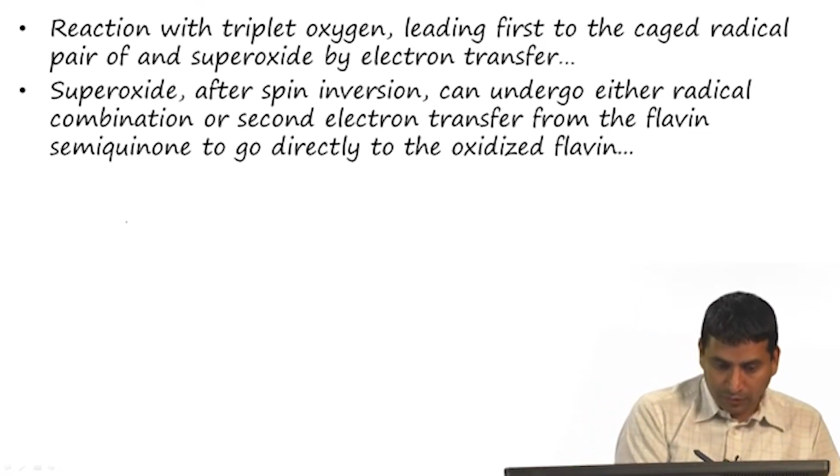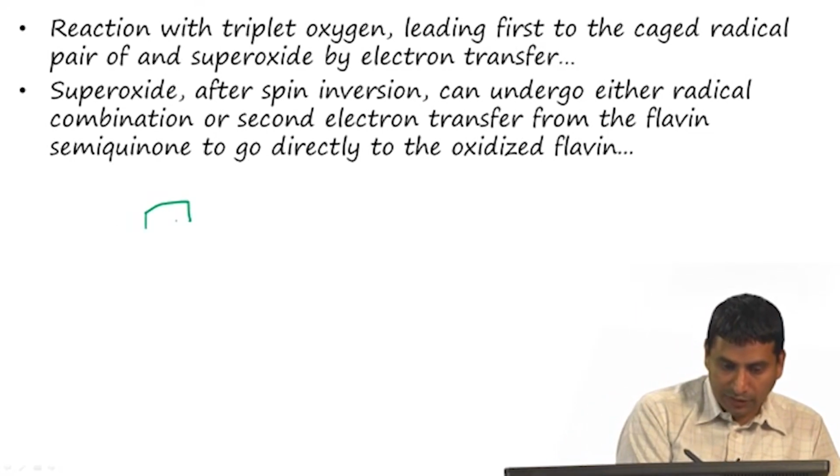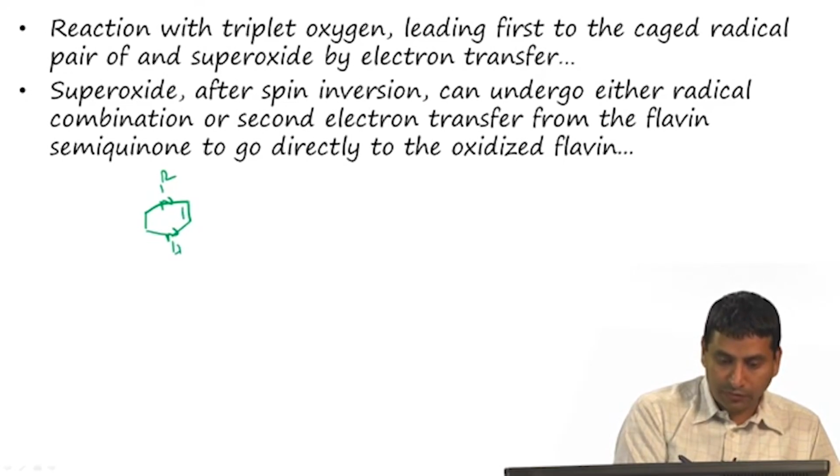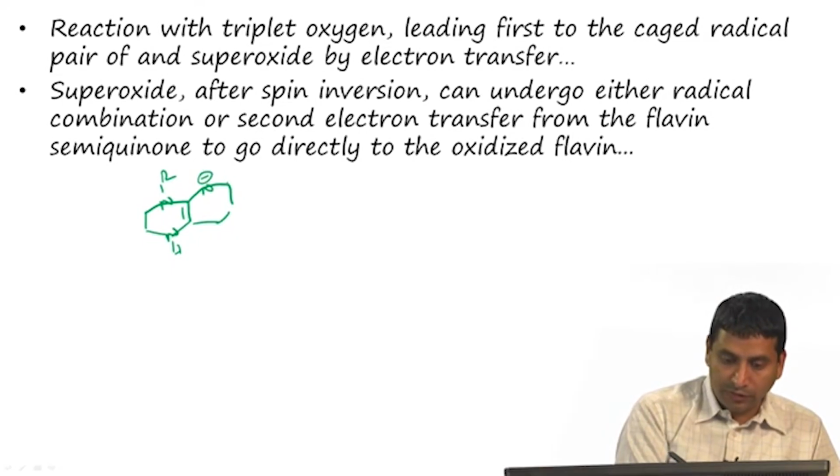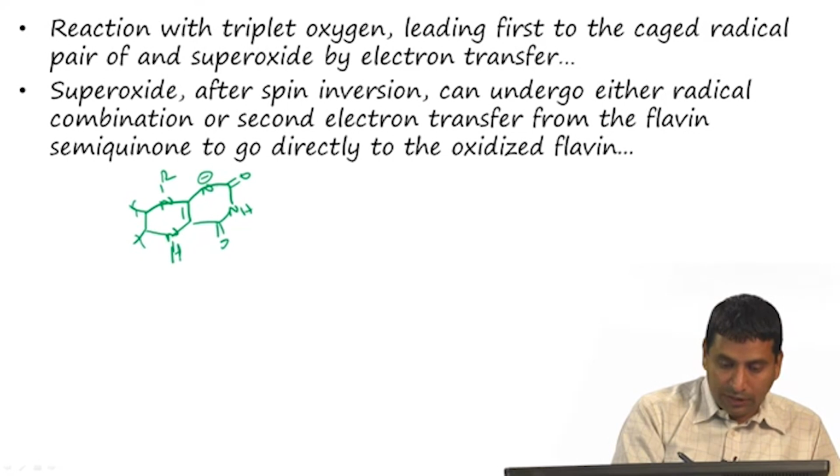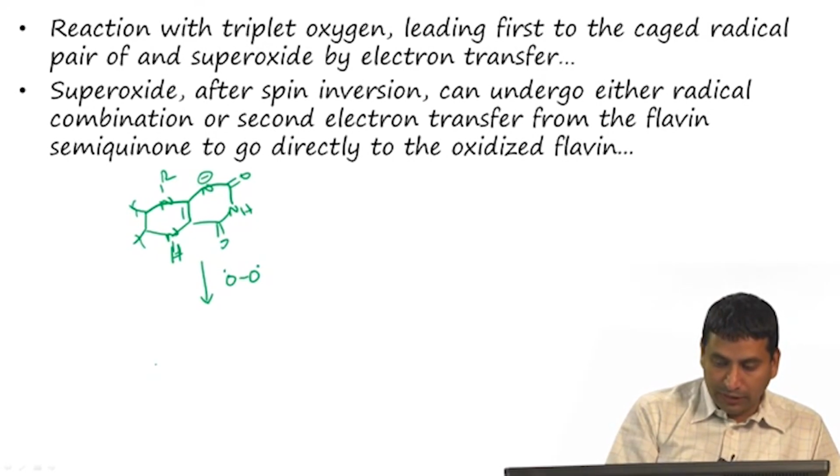So, if we were to look only at the central flavine ring, you have NR, NH, this is the same species, which is N minus over here, C double bond O, NH, then this double bond O, and the rest of the molecule remains the same, and you have a reaction with O dot dot.